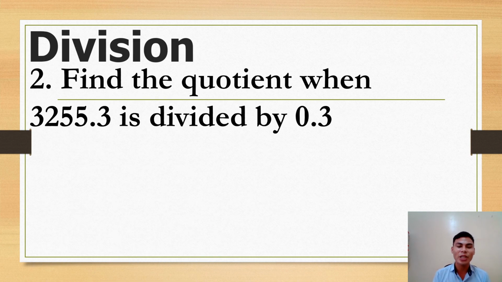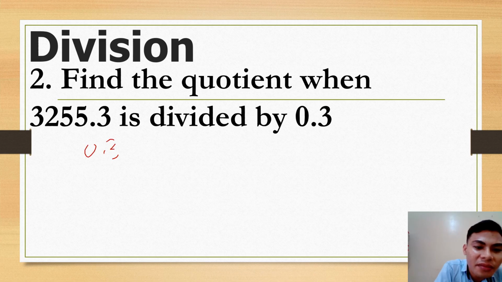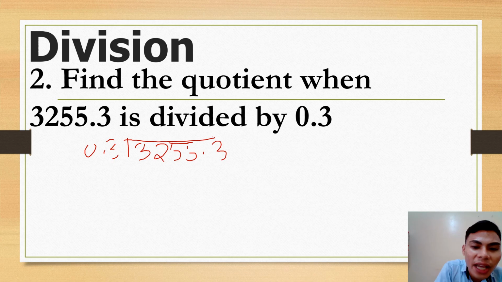What if your divisor is not a whole number? This is case number 2 also. So, isulat mo lang, 0.3, tapos sa loob, 3255.3. Okay guys, if ganito na case, dapat si divisor whole number.